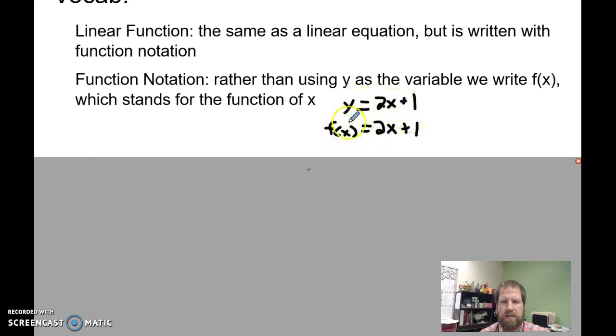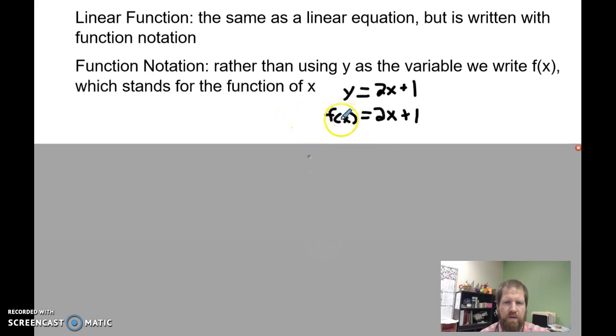Same thing, really. But this is a linear function, this is a linear equation. There is a difference. Usually they're basically the same, but there is a slight difference which we will get into later on.